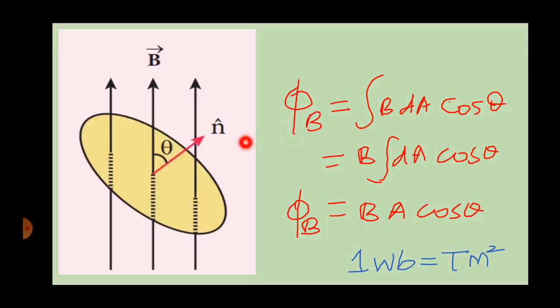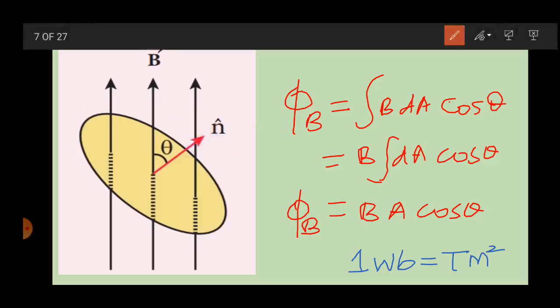So now here, listen. The magnetic field is uniform over the area and is perpendicular to the area. Understand students? So the magnetic field and normal vector here are perpendicular to each other.